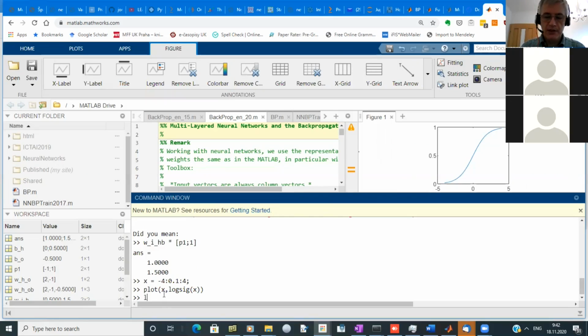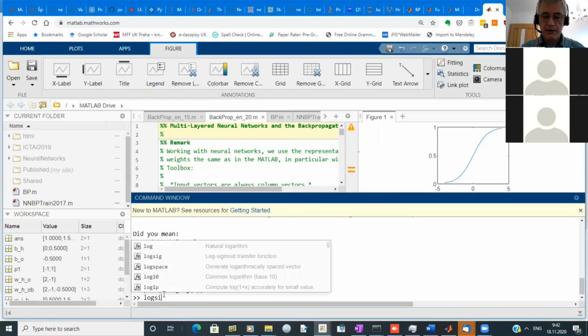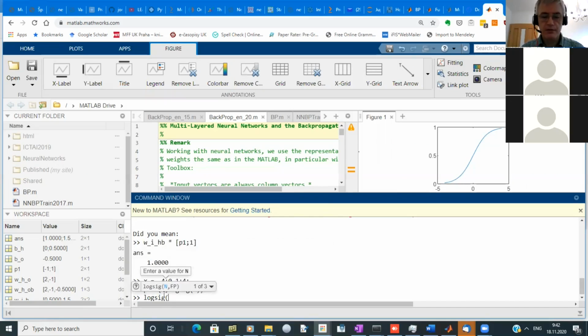So we can just apply the logsig on the potential: weights from input to hidden with biases times the extended input pattern.